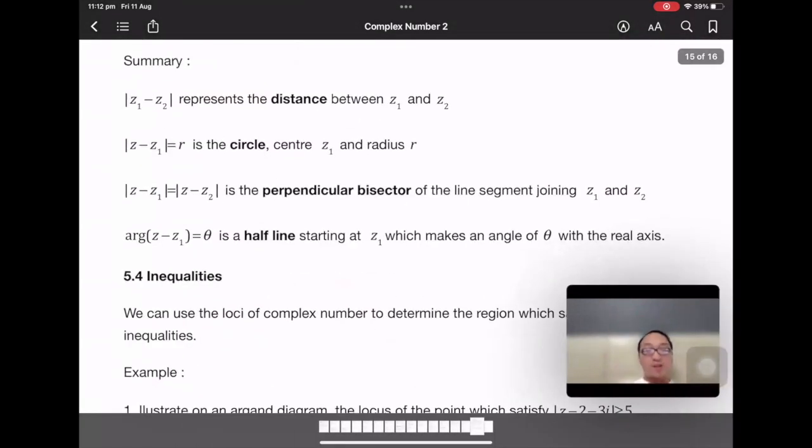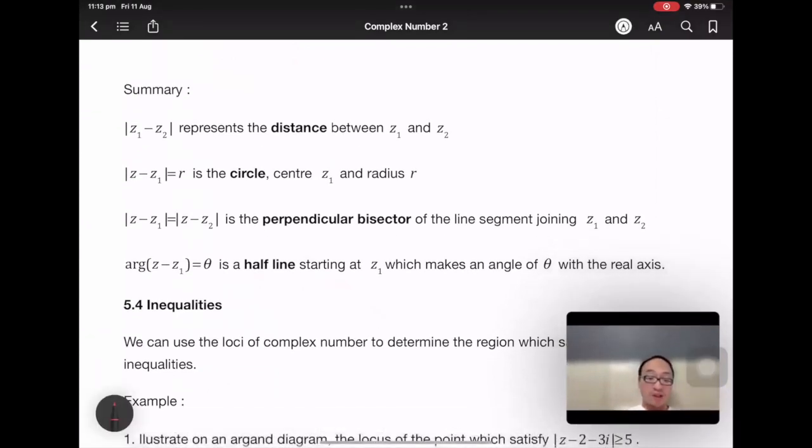So in summary, we have several notations. If we only have z1 minus z2, that means we are looking for the distance between the two complex coordinates. If we have modulus z minus z1 equals r, that is a circle centered at z1 with radius r.